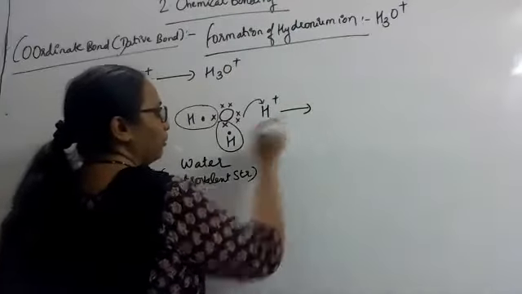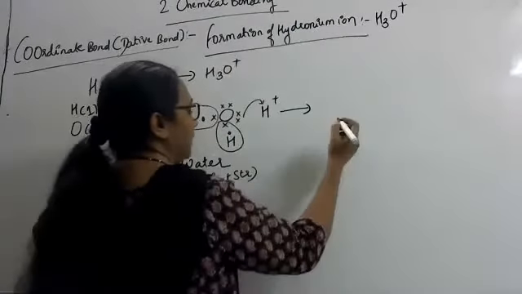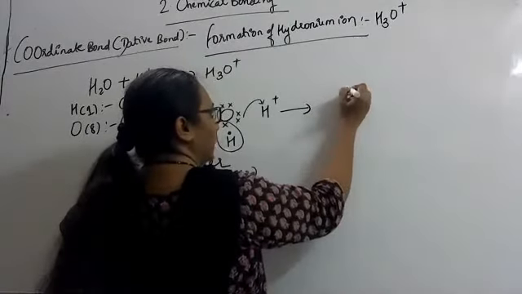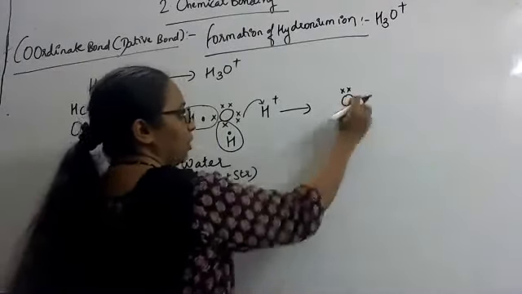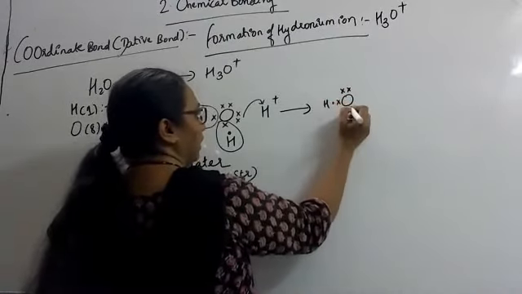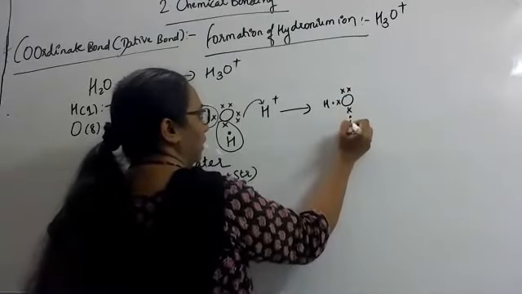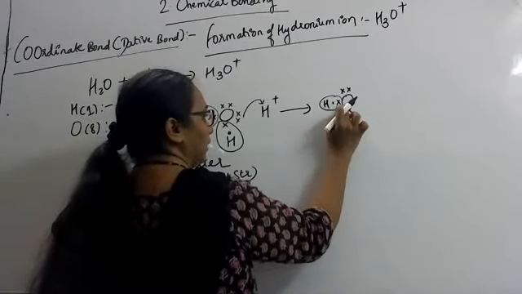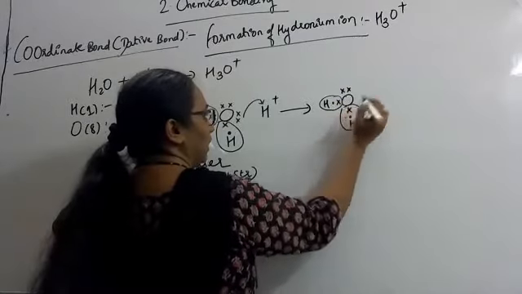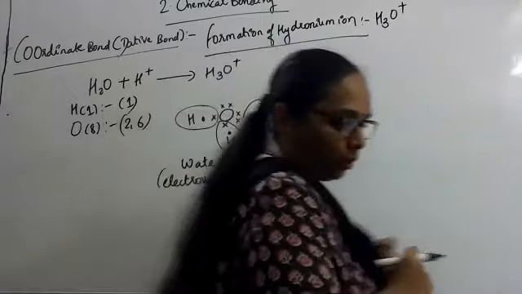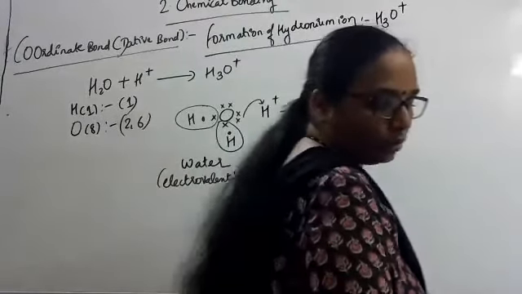What type of bonding is formed, that we will see. Here already these two electrons are there, which are not donated, these are shared. And these two are donated. These two are donated.